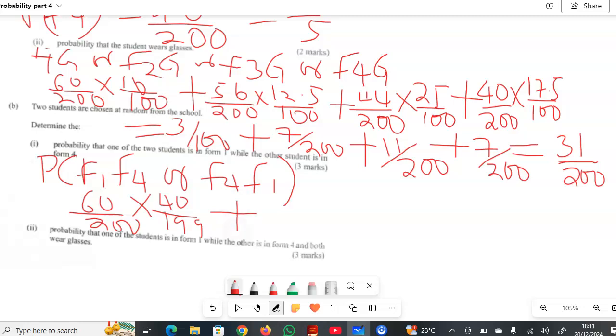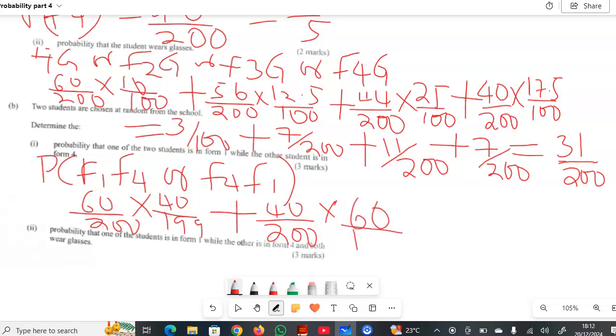And you're going to add, picking a Form 4 is 40 out of 200. Then you multiply by picking a Form 1, which should be now 60 out of 199. Just the same case as the first scenario, because we have already picked 1 Form 4. Now we are remaining with a total number of students in the school of 199.